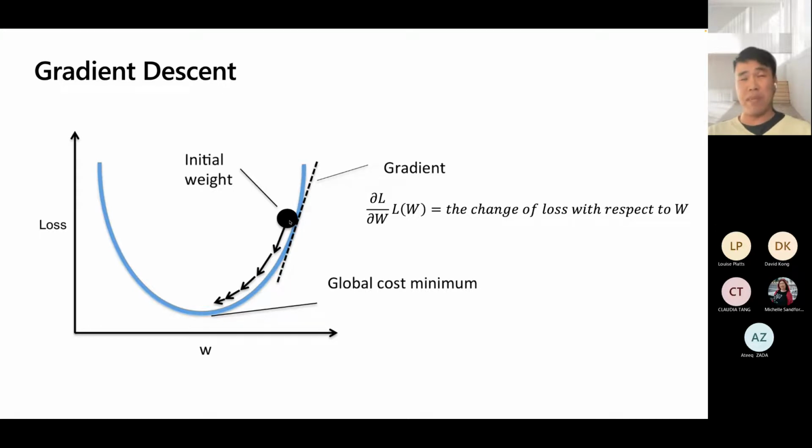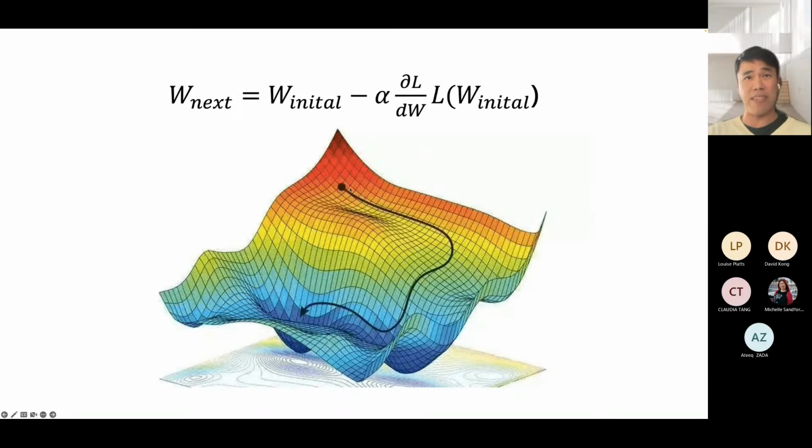And if you remember the mathematics in high school, we can just calculate the differentiation of the loss with respect to that point. In the 3D case, we can imagine you're on a hill and you are trying to step down from the hill, but you can't see everything around you.